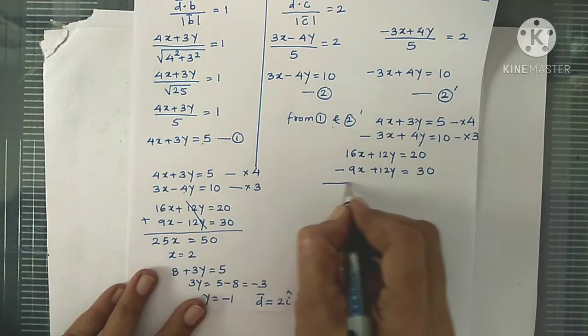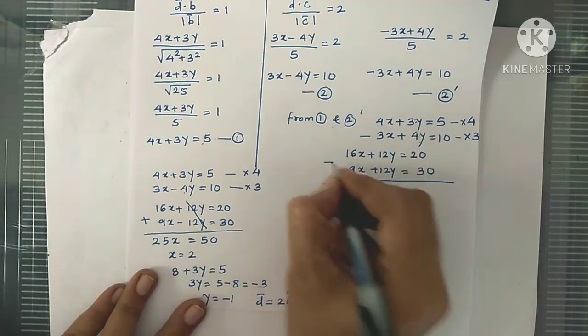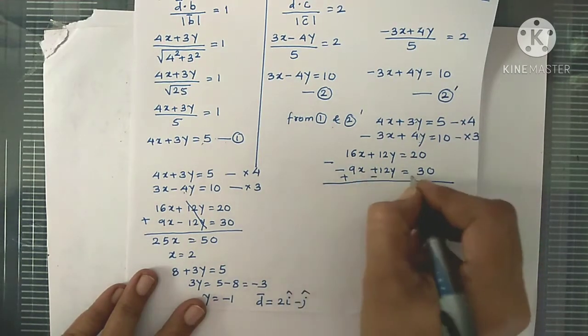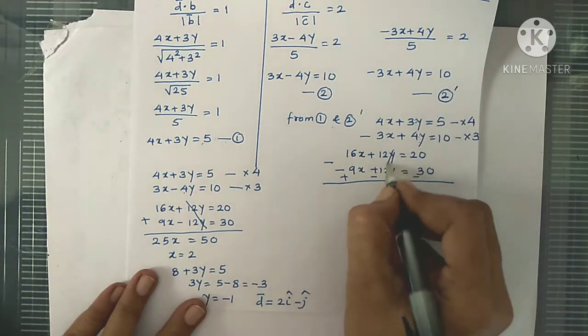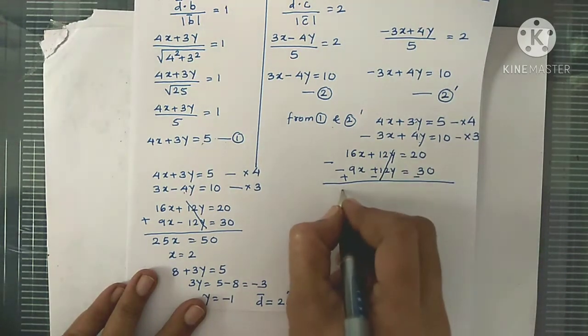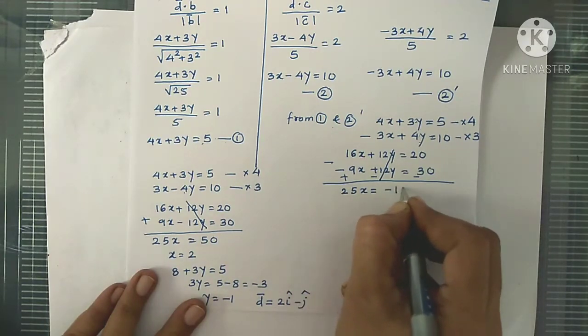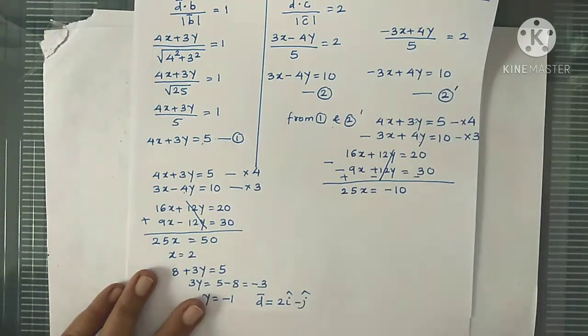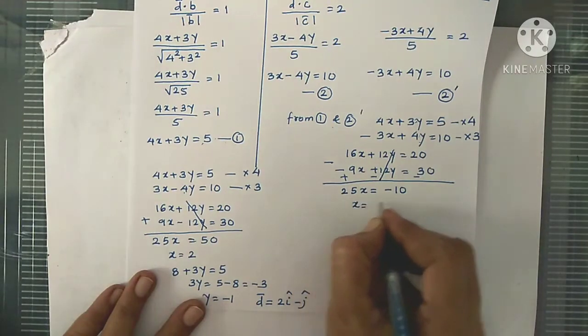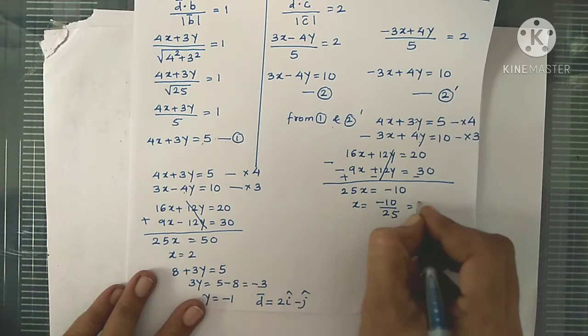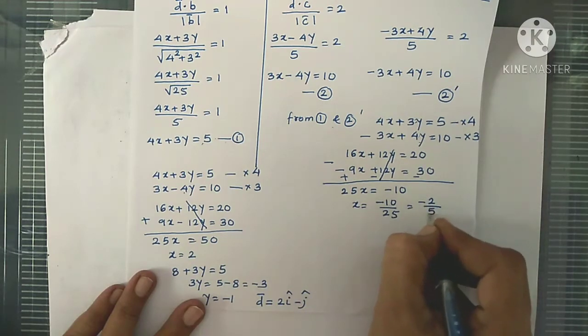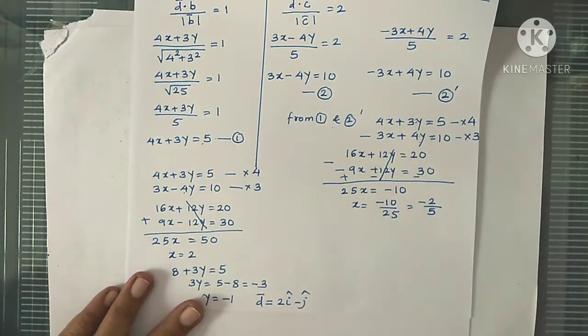Now let's subtract this. So subtracting, sign will get changed. Now 12y minus 12y get cancelled. Here we get 25x, 20 minus 30, that is minus 10. So x is equal to minus 10 by 25, that is minus 2 by 5.